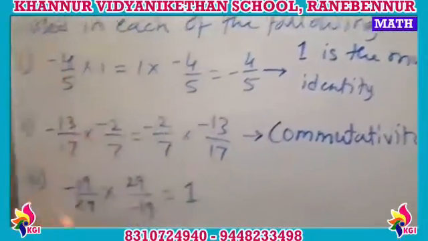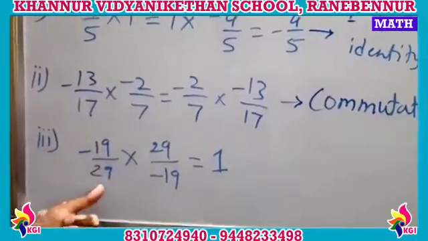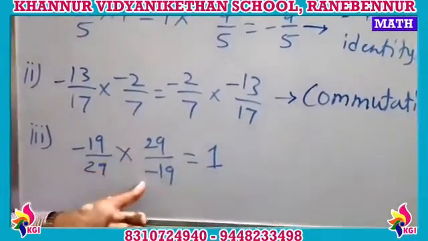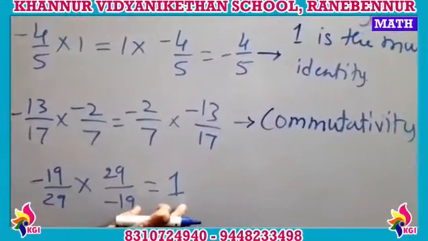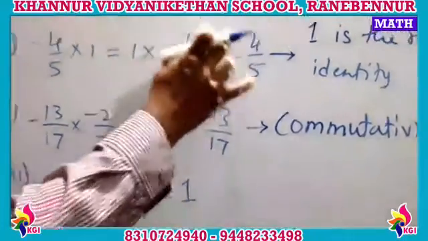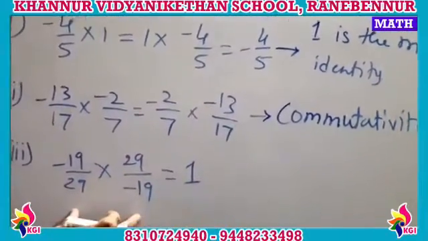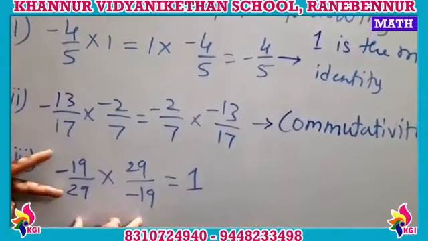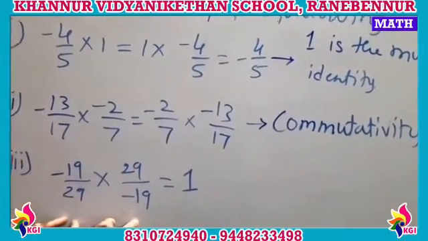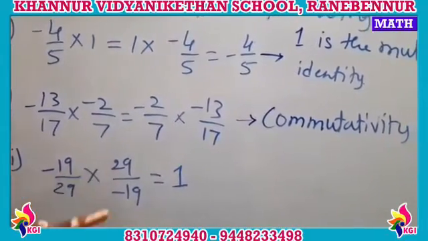So like that we have to go for the third one. What is given? -19 divided by 29 into 29 divided by -19 is equal to 1. So we go for the answer. This is a 1, correct? Like this it is given as an answer here. If the answer is given, we have to check the left hand side. Here given was -19 divided by 29. That has been made as 29 divided by -19.